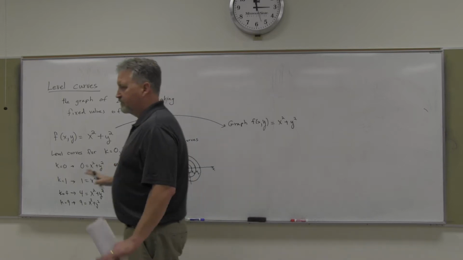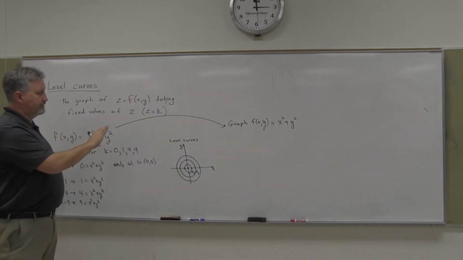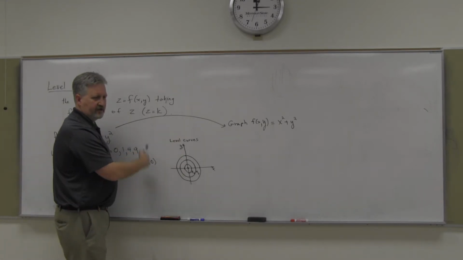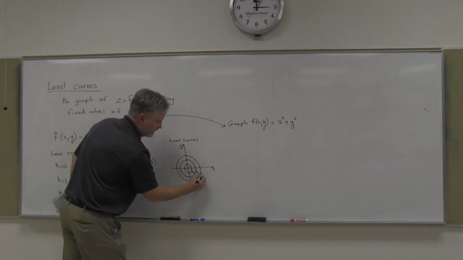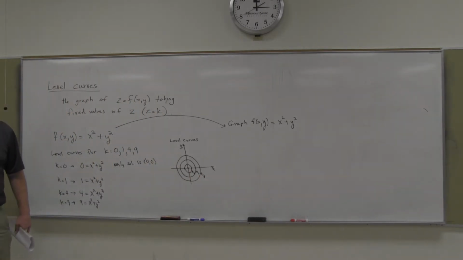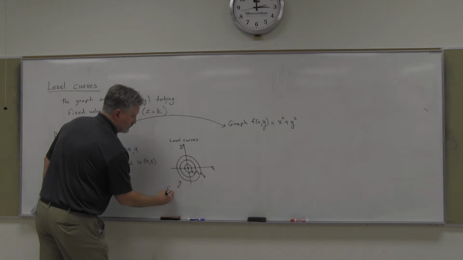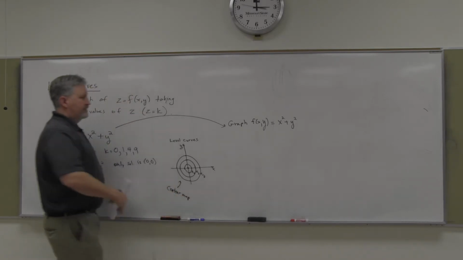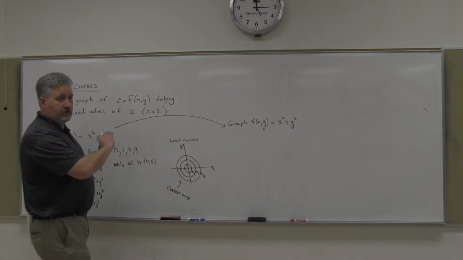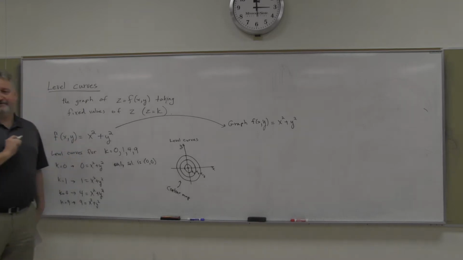By the way, another term they use: when you get these level curves all in one graph, I forgot to label this one, k equals 3 there, that's also called the contour map. So a contour map is just an XY graph with different level curves on it. Basically what it is.